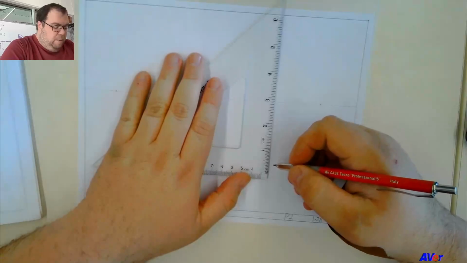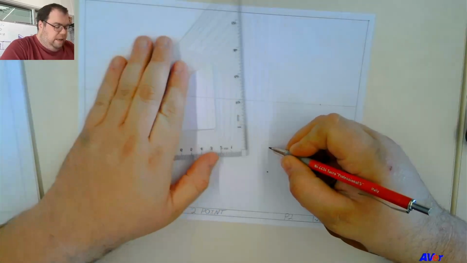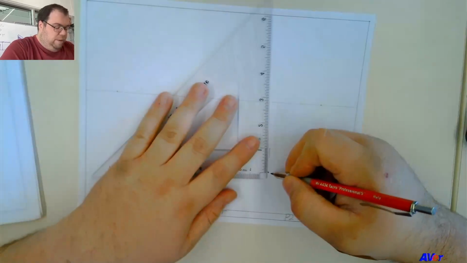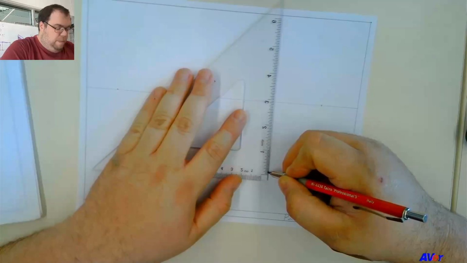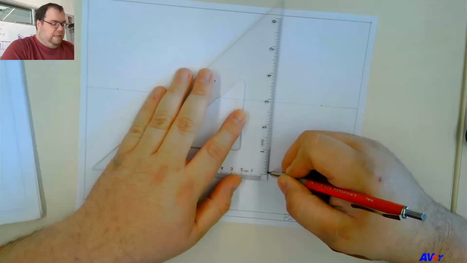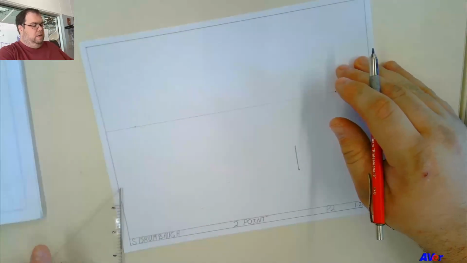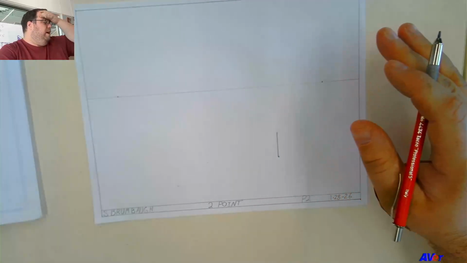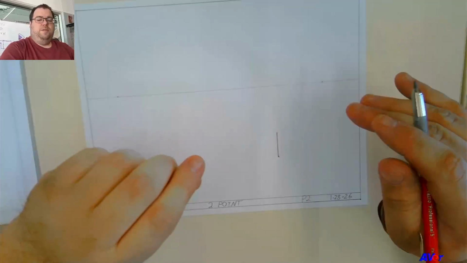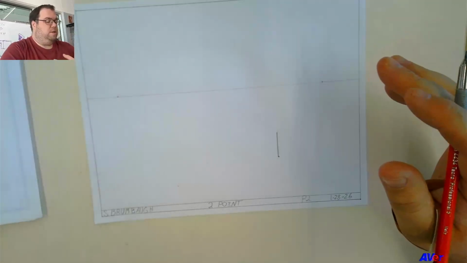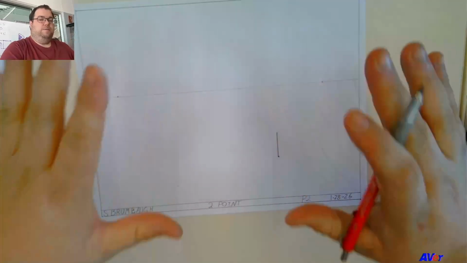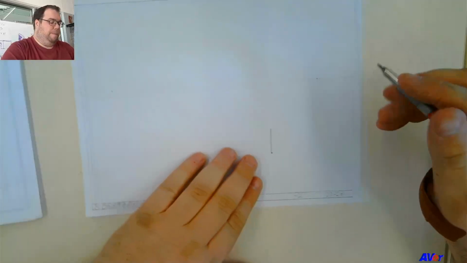But essentially, I want a line that's about an inch tall, coming straight up from that dot. So just like that. This is going to make up, like I said, the portion of the cube that is closest to us, the viewer, or the front of our picture here.